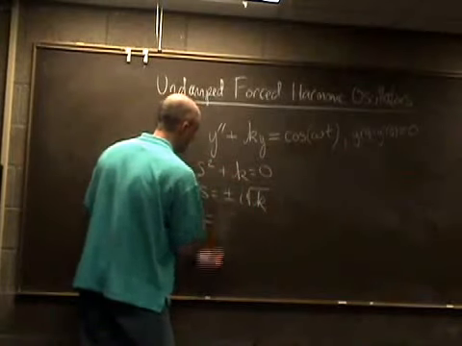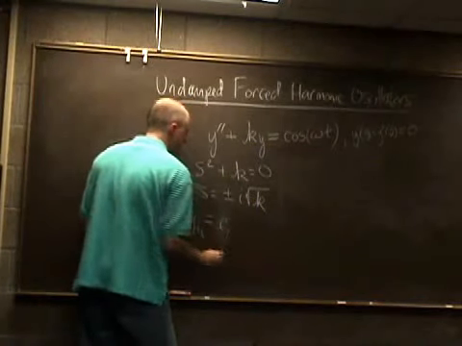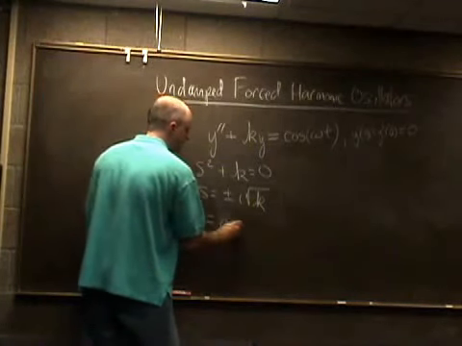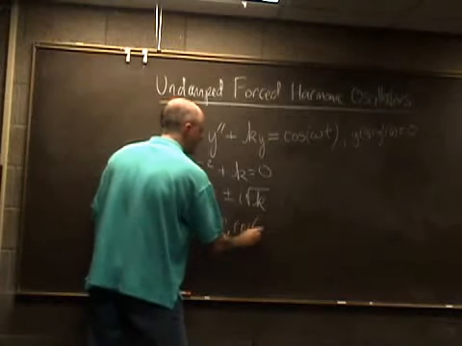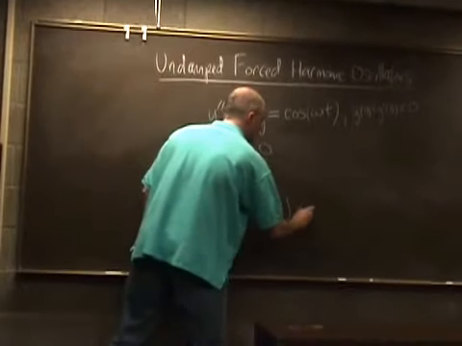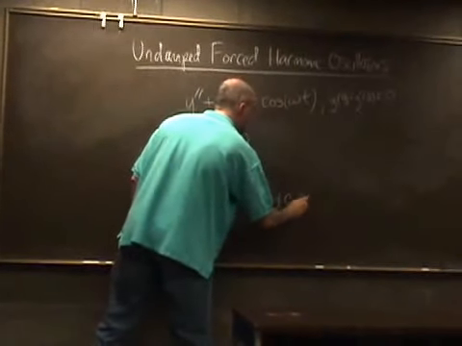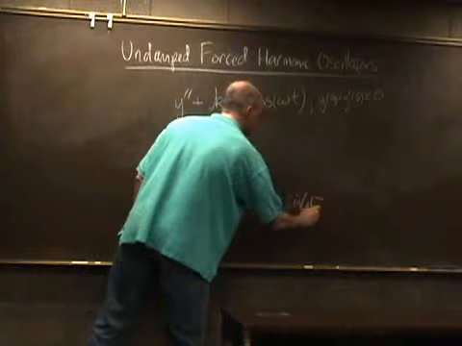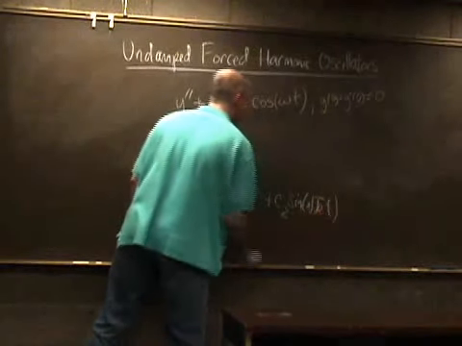I'll use a c this time. C1, an arbitrary constant, times cosine of square root of k times t, plus another arbitrary constant C2 times sine of square root of k times t.